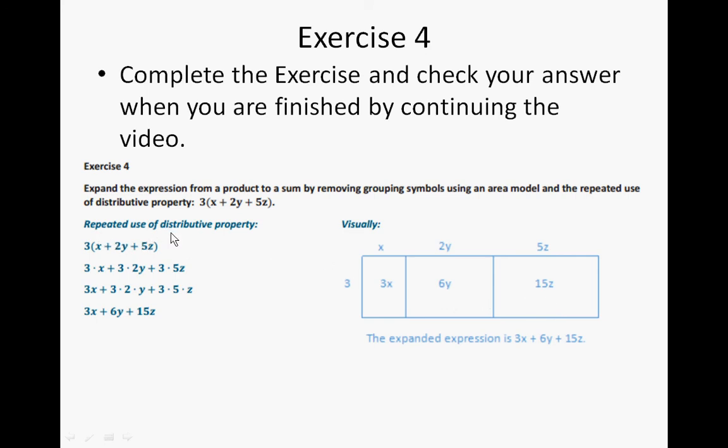If you are doing the distributive property, then it would be 3 times x plus 3 times 2y plus 3 times 5z, which they're showing in the second step. And then by simplifying, we have 3x plus 3 times 2 times y plus 3 times 5 times z is 3x plus 6y plus 15z, which is the same as our visual.